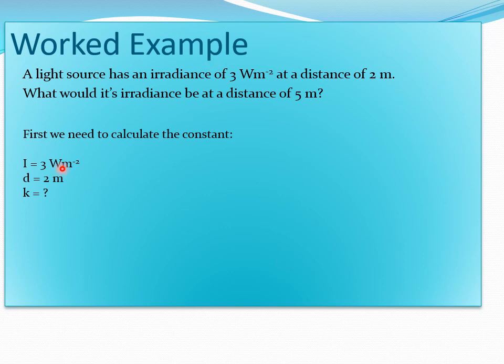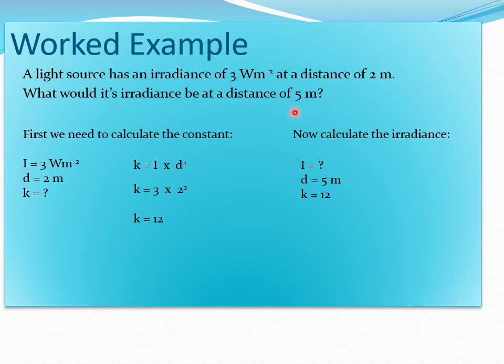The irradiance is 3, the distance is 2, so we can just pop it into this formula to find out that the constant for this light source is 12. Therefore, we know its constant now, and we know that its new distance is 5 meters, so we can work out its irradiance, and we find that its irradiance is 0.48 watts per meter squared.